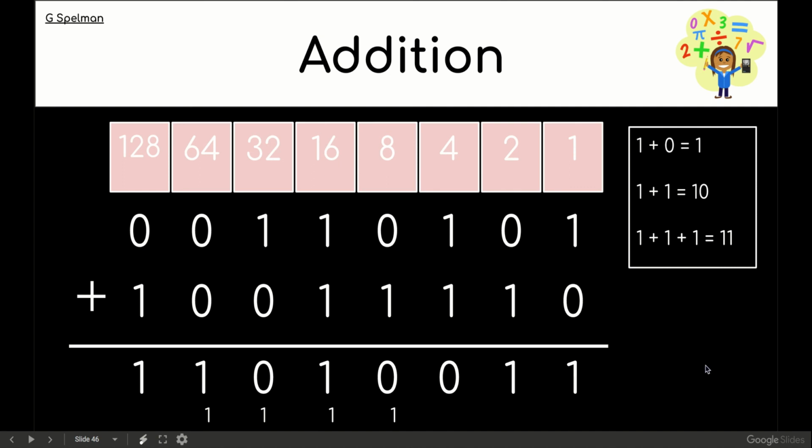Now, you need to approach these questions and do them slowly. There is time in the exam, so take your time and take care, because really what you're doing is quite easy. You're just adding ones and zeros, and sometimes you will have 3 ones to add together, which you have to remember is 1, 1.